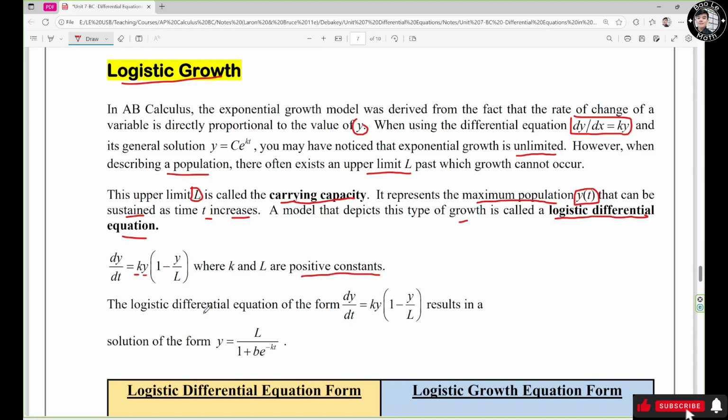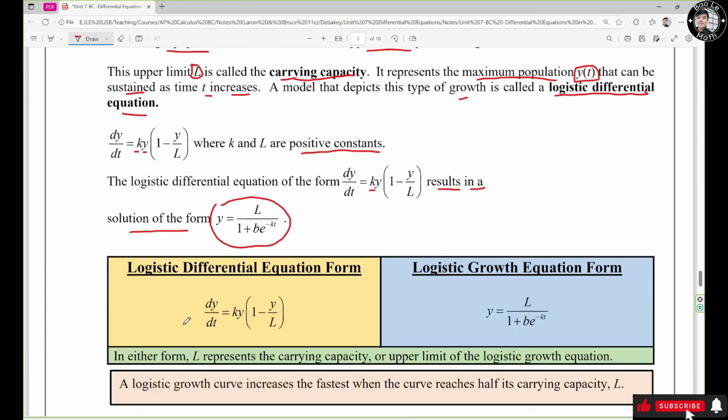The logistic differential equation of the form dy over dt equals k times y times 1 minus y over L results in a solution of the form y equals L over 1 plus b times e raised to the negative k times t. So we have the logistic differential equation form, and the logistic growth equation form.